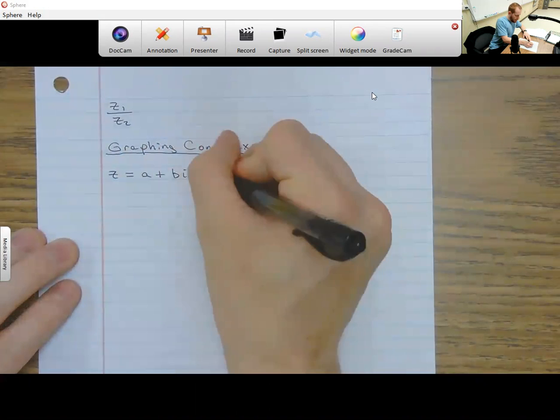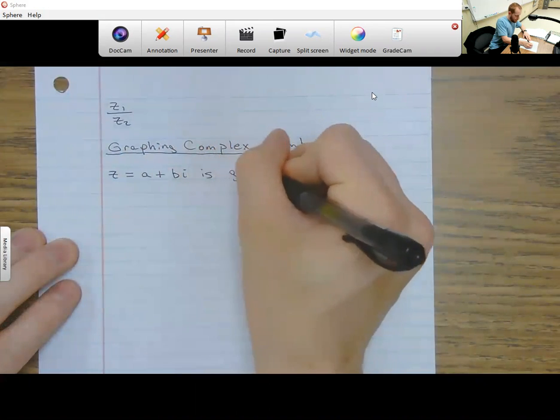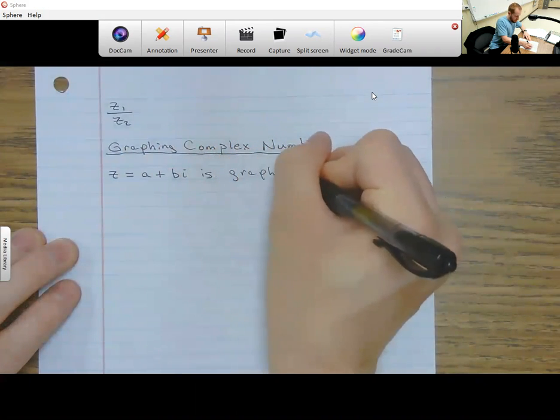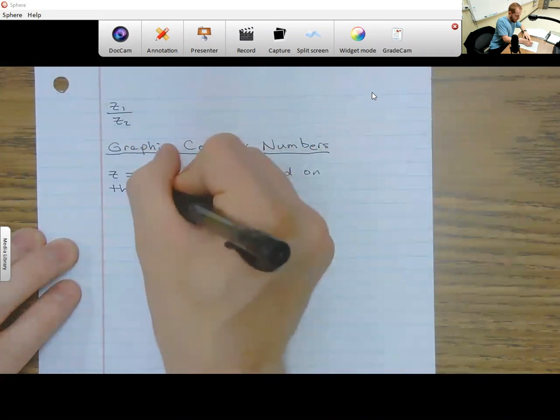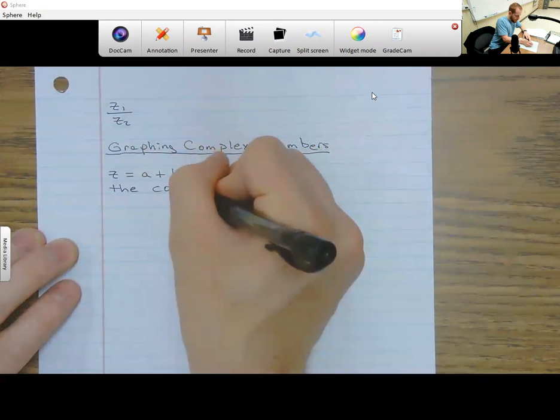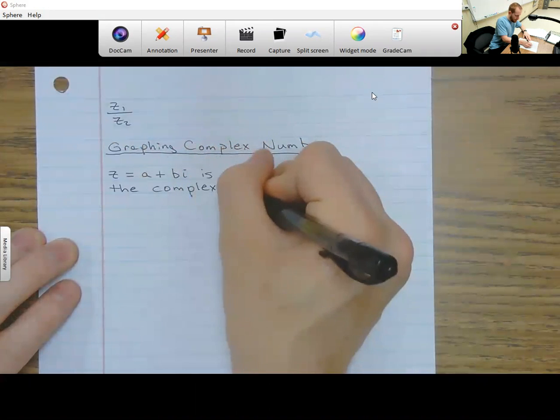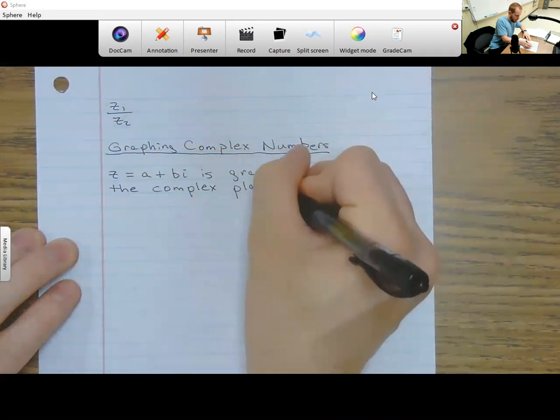Well, we can say that this is graphed on the complex plane. Okay, so there's something called a complex plane. I'll show you what that looks like in a minute.